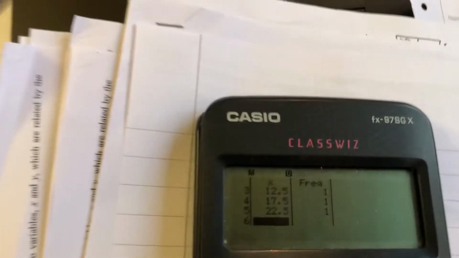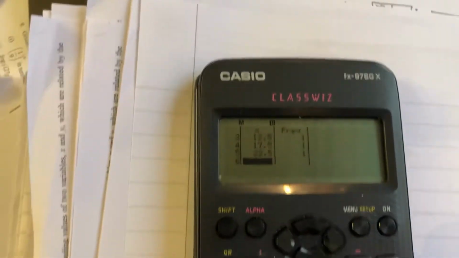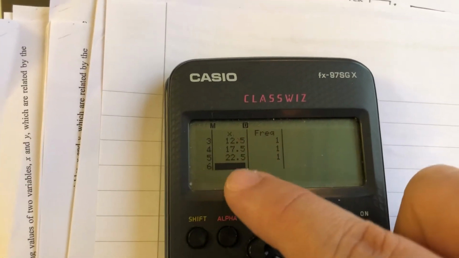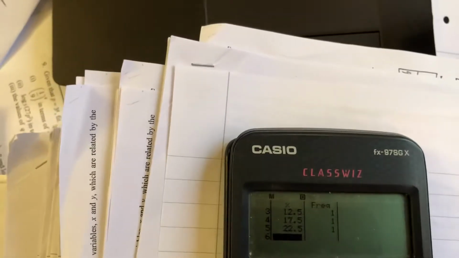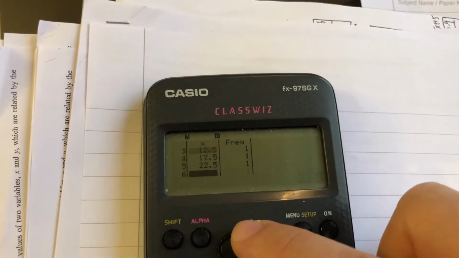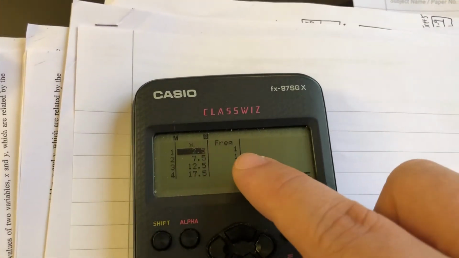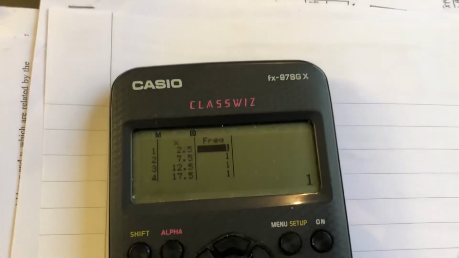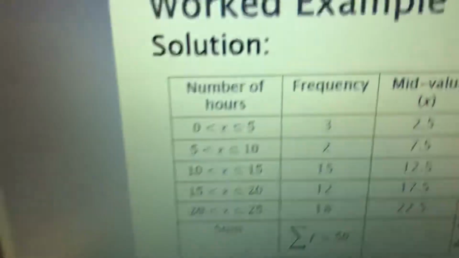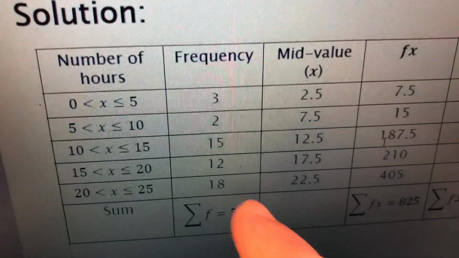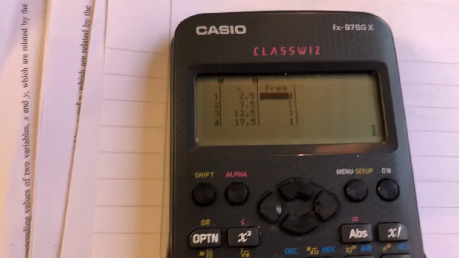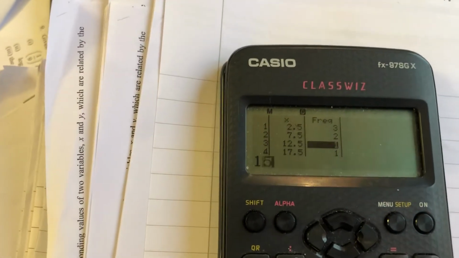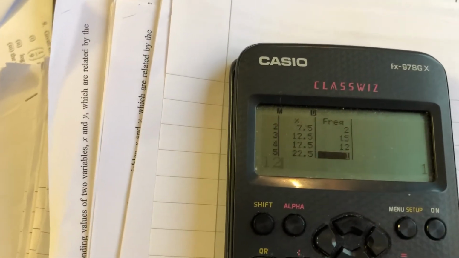When I press enter, it only brings me to the next x value. So you key in all the x first, and by default all the x data have a frequency of 1. So you need to change it to the frequency that's in the question, and in this case the frequencies are 3, 2, 15, 12, 18. So I'm going to key that in: 3, 2, 15, 12, 18.